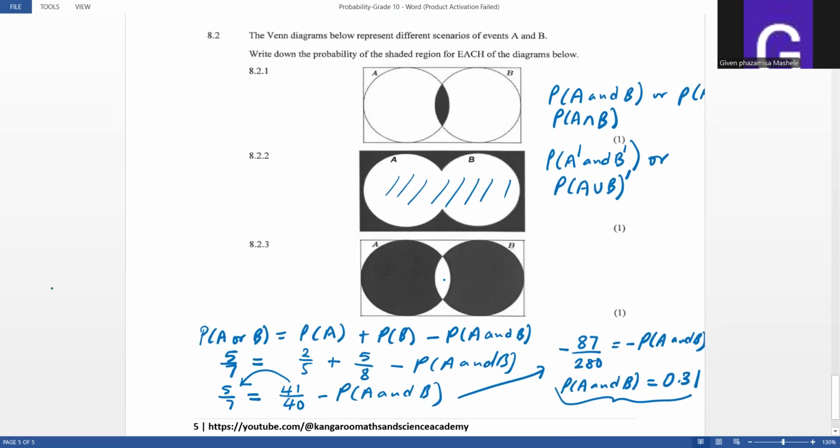Then how about this one, the shaded one? This is the opposite of A and B. So this is (A and B) not, because this is where we have A only and this is where we have B only.